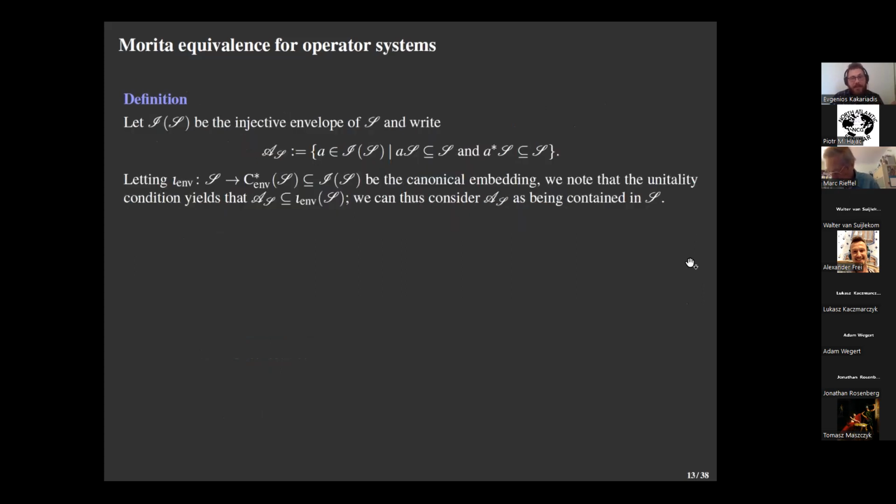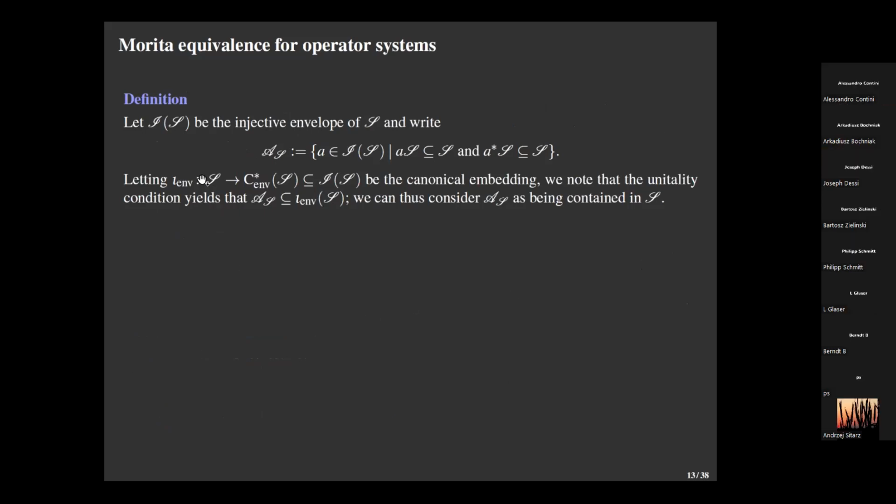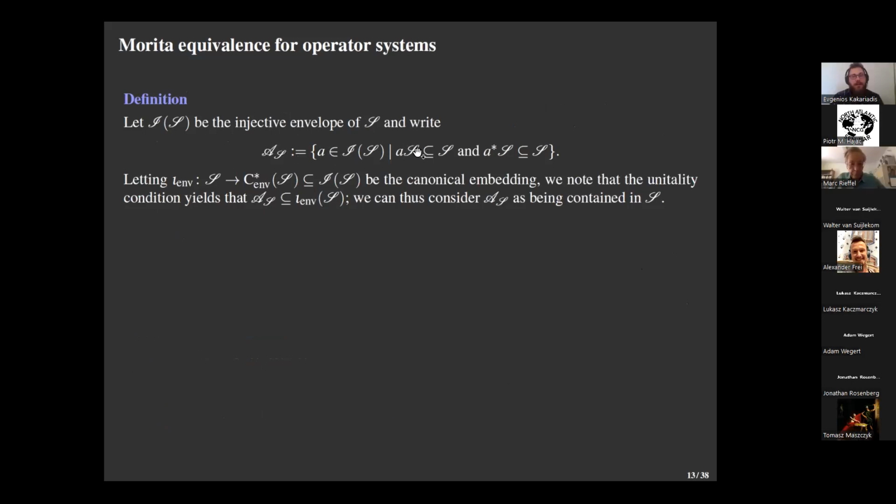Again, what comes with this setting is a bimodule structure. So inside the injective envelope of S, I can define the sister algebra of the multipliers of S. So it's the elements that normalize S, so AS is inside S and A star S is inside S. And I will always write iota for the embedding of S inside the injective envelope, and therefore inject the sister envelope of that.